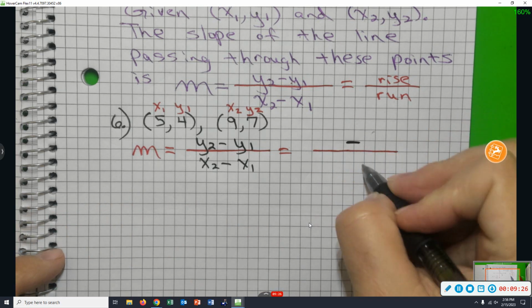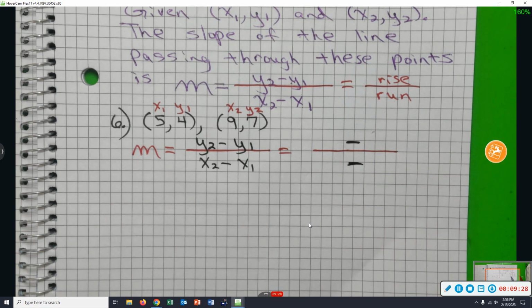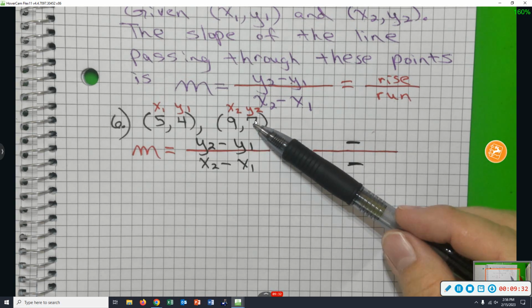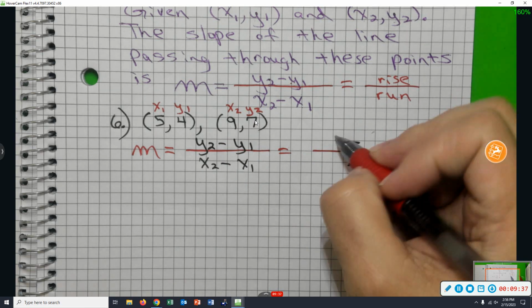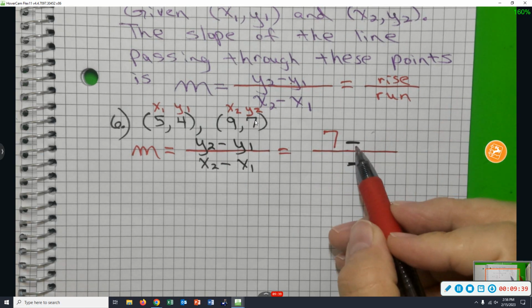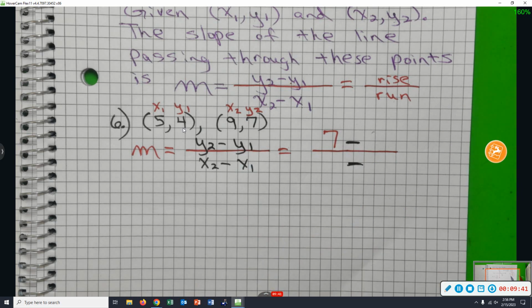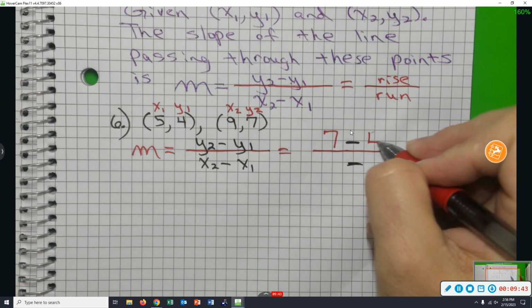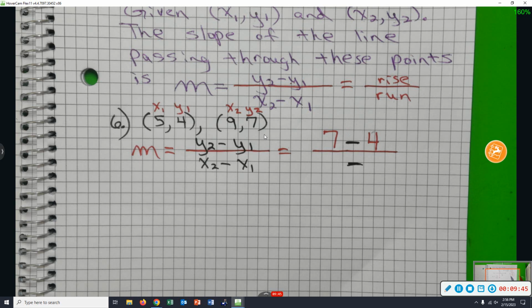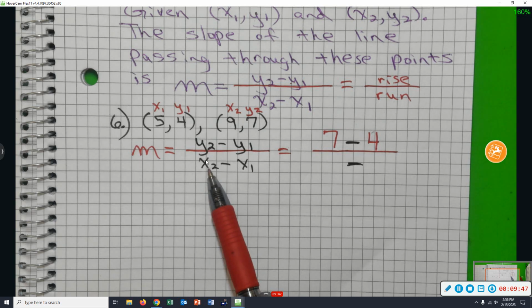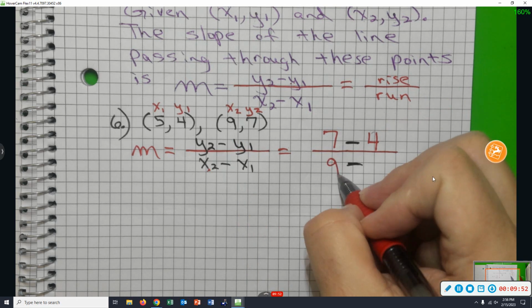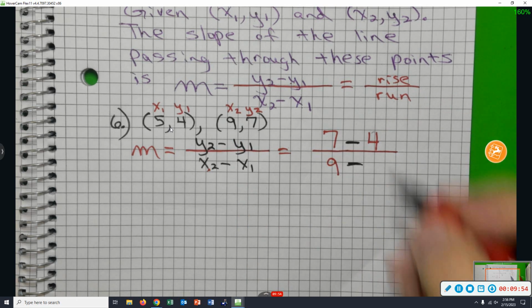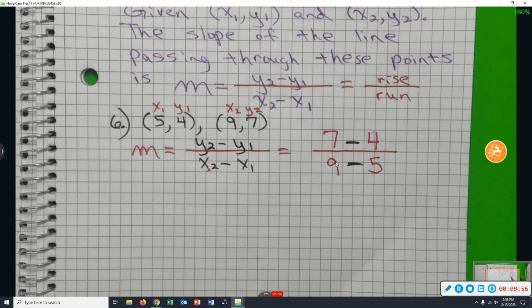Here's the minus from my formula. y2 is 7, so I have a 7 minus y1 is 4. x2, the second x value, is 9 minus 5.